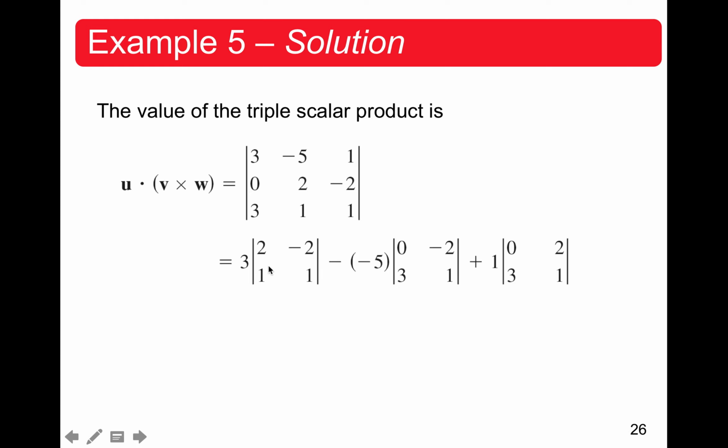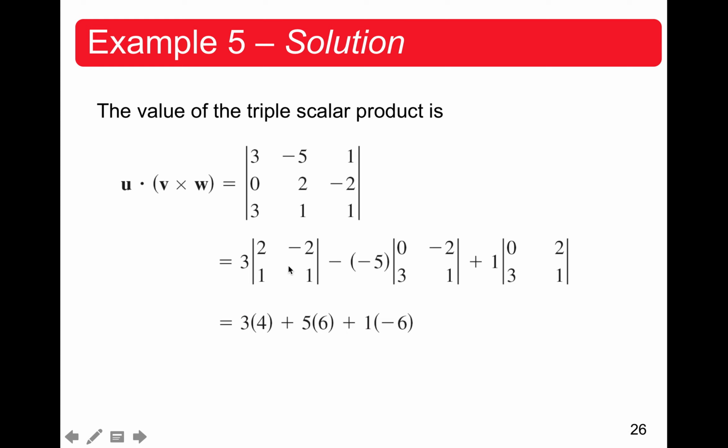The 2, -2, 1, 1 comes from blocking out that row and that column, this smaller matrix right here. Then the middle matrix is 0, -2, 3, 1, and 0, 2, 3, 1 for our last one.